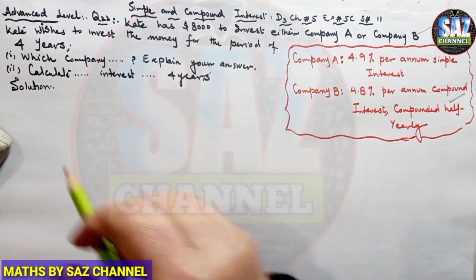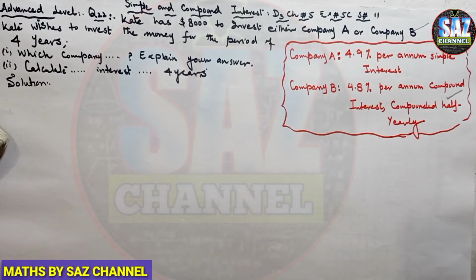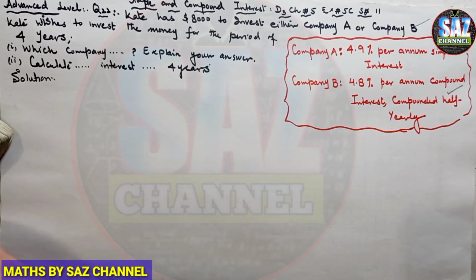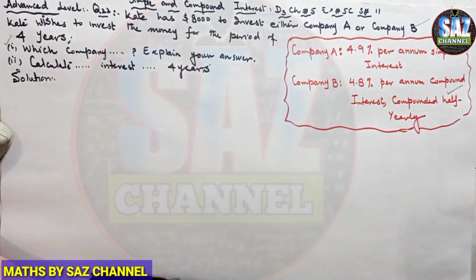Now the question says that Kate wishes to invest the money for a period of 4 years. The first part of the question is which company should she invest in, and express your answer. The second part is to calculate the difference in interest earned after 4 years.